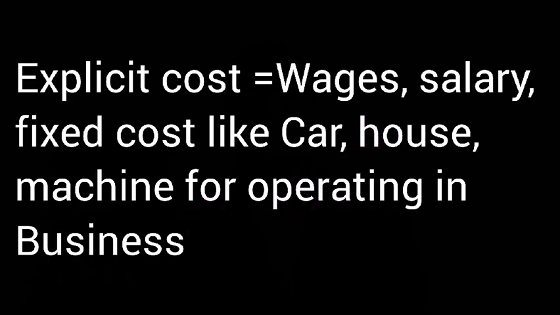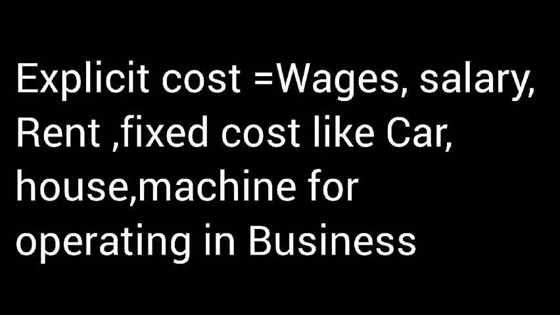Can it be visible? Can it be seen by eyes? That we call explicit cost. For example, payment of wages, payment of rent, salaries, money that we use to buy machinery or other expenses. We say total explicit cost. That is cost that can be visible, you can see it.